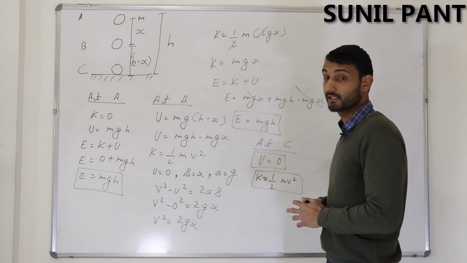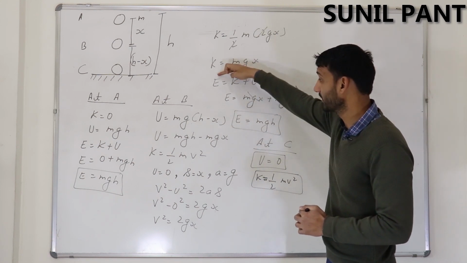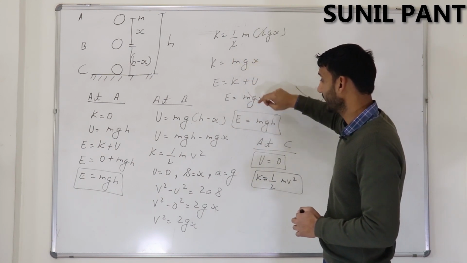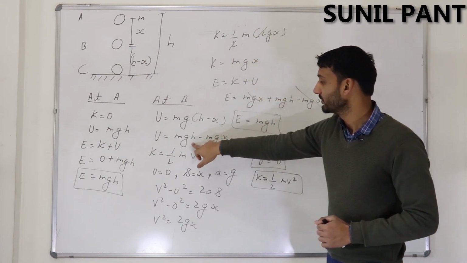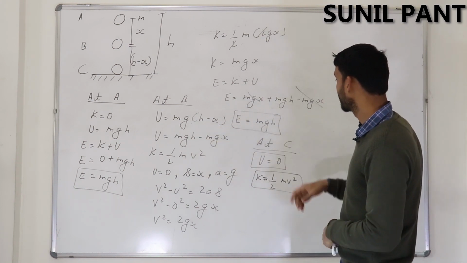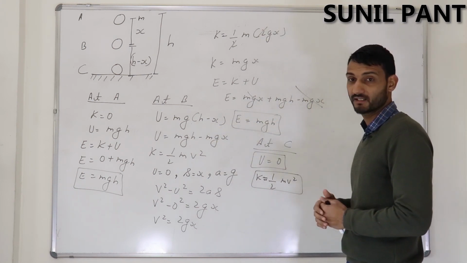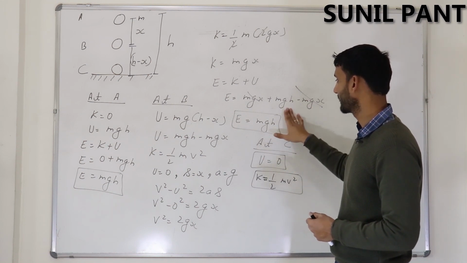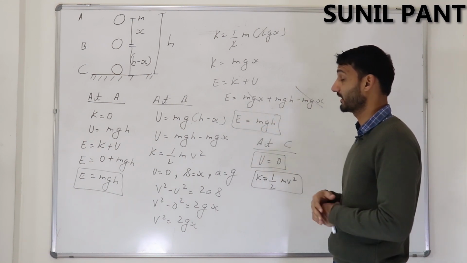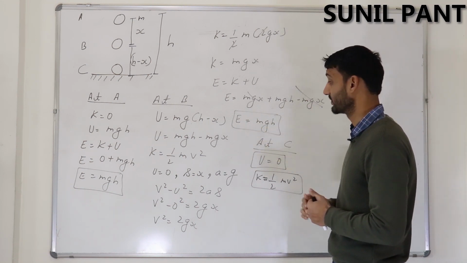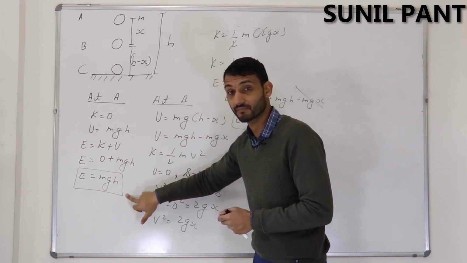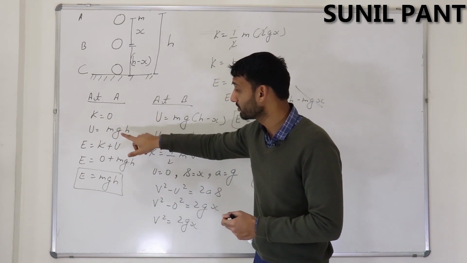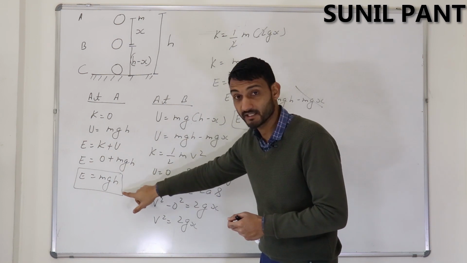So total energy, that is the mechanical energy possessed by the body, will be K plus U. K is mgx, U is mgh minus mgx, so mgx plus minus mgx goes off. What we are left with is total mechanical energy mgh. So in the first case, kinetic energy was 0, potential energy was mgh, total energy is mgh.